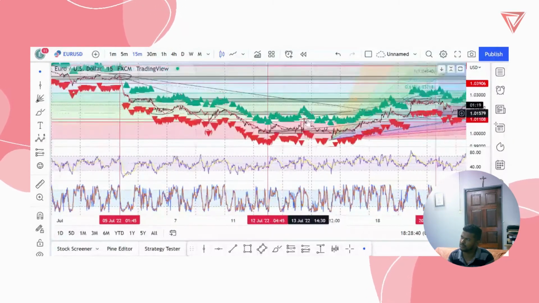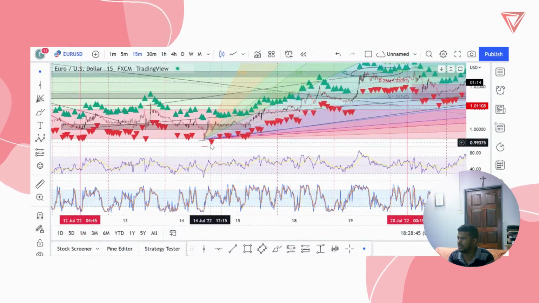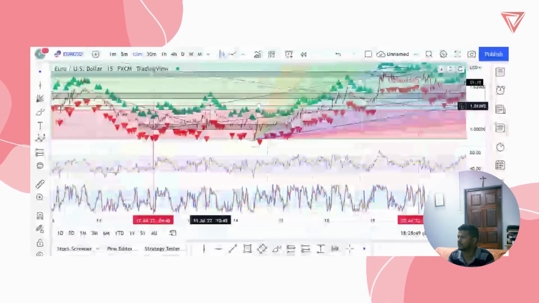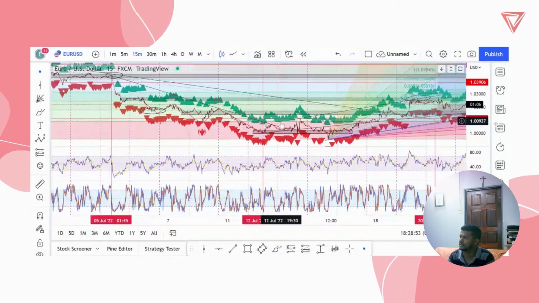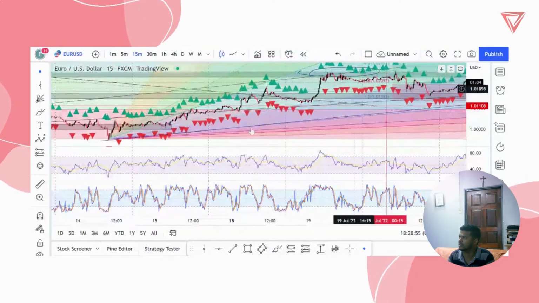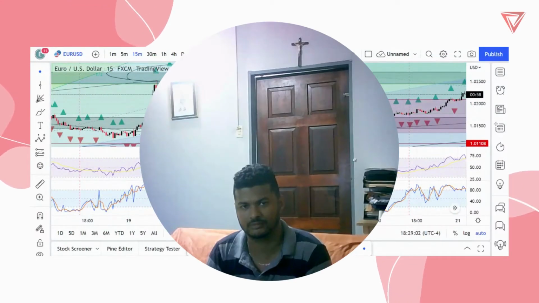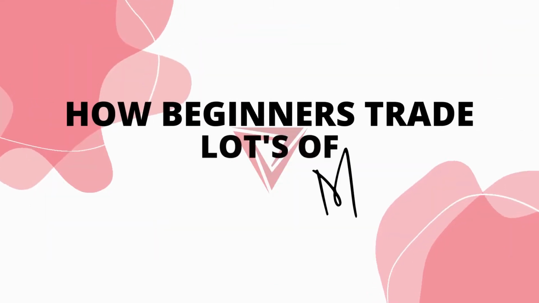But God, this chart is slow. Alright, so I see this fractal in here, yeah, but no, but then the trend line. How am I going to read this? Wow, there's a lot of information here. Alright, you know what? I think I see a trade right here. Really?